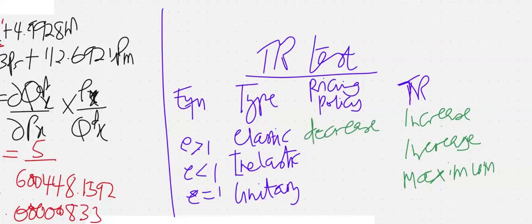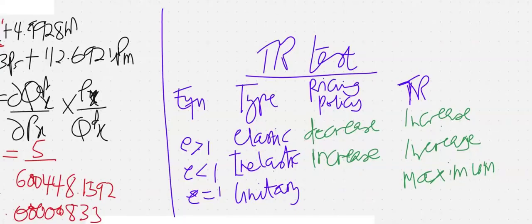If it is inelastic, the business will have to increase price to increase revenue. If it's a unitary elastic demand, the pricing policy will remain unchanged, meaning the business will not change the price, it will maintain the same price. Because at that price, it reaches maximum.